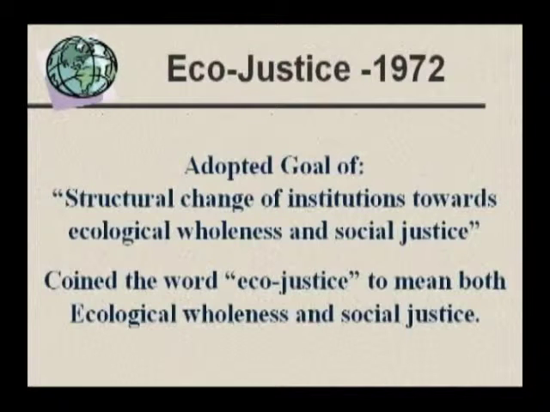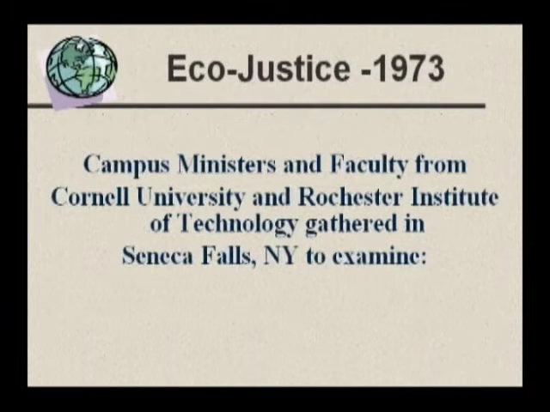And they meant it to mean that we should be looking at both ecological wholeness and social justice in the same context. One year later, in 1973, there was a group of campus ministers and faculty from Cornell University and the Rochester Institute of Technology.